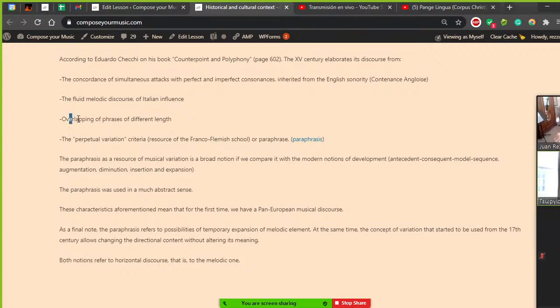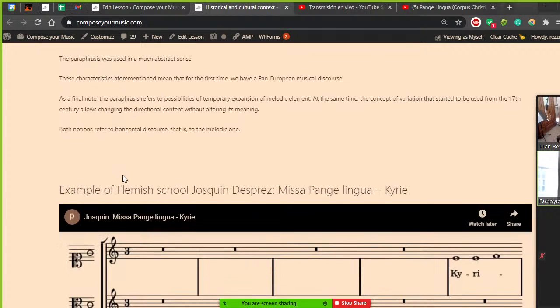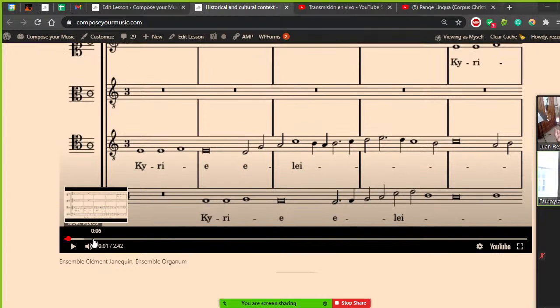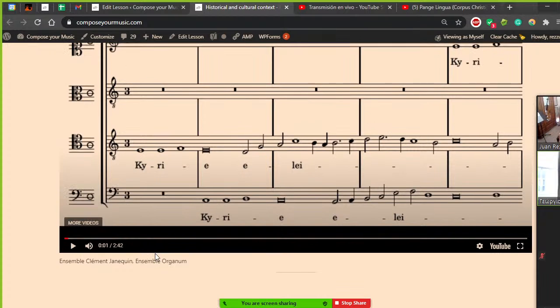We have overlapping phrases, the fluid melodic discourse of Italian influence. Josquin was not Italian, but he had this influence. And the perpetual variation criteria that we're going to see is ever flowing. That is the main characteristic of the Renaissance.